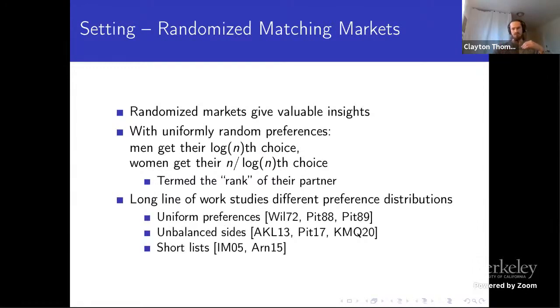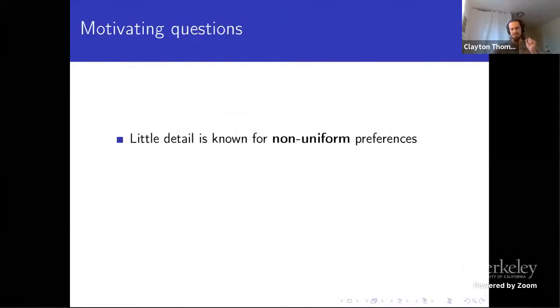And a long line of work has extended this analysis and found a variety of different interesting models that show that different market parameters can have profound influences on these ranks, and that a lot of interesting things happen. But up until now, not much has been known, at least not in detail, for cases where the agents are non-uniform.